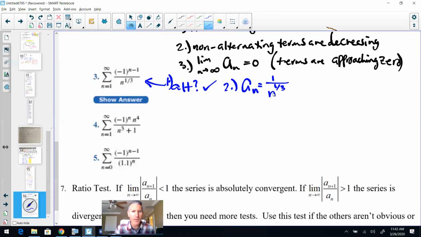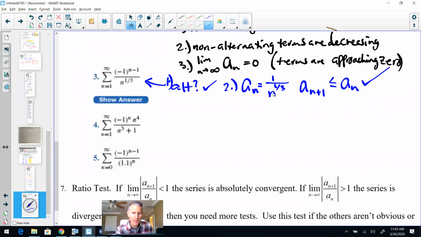When I plug in 3, it's 1 over the cubed root of 3. So here, I know that a sub n+1 will be less than or equal to a sub n, meaning that the non-alternating parts of the terms are decreasing in value. That's correct, okay?